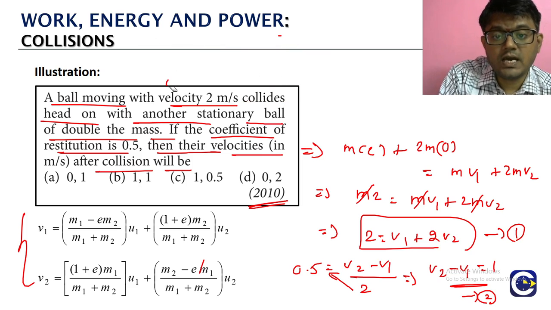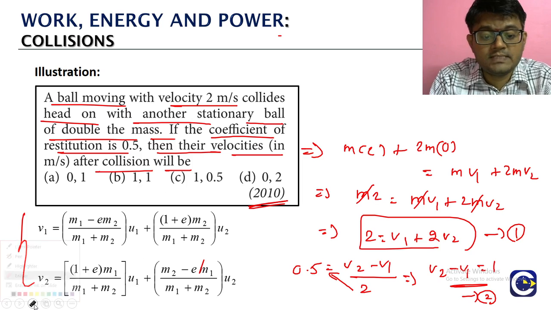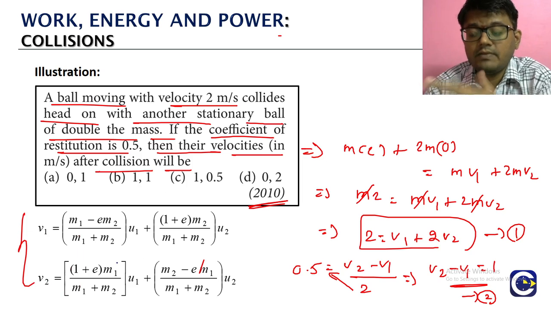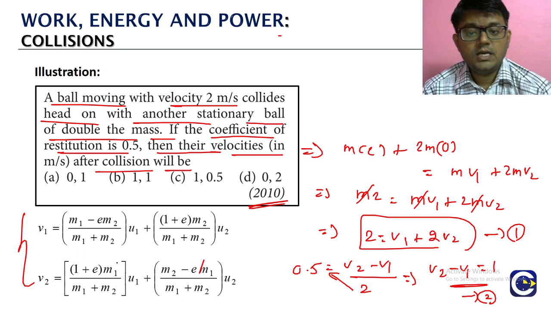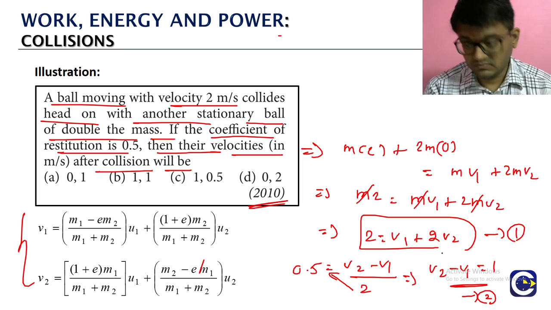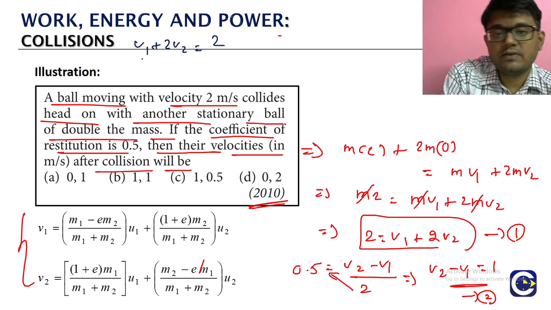Here we are not going with the formula approach. If you remember the formula, you can substitute and calculate. But here we go with the original approach: the conservation of momentum principle and the coefficient of restitution formula. The two equations are v1 plus 2v2 is equal to 2, and v2 minus v1 is equal to 1.